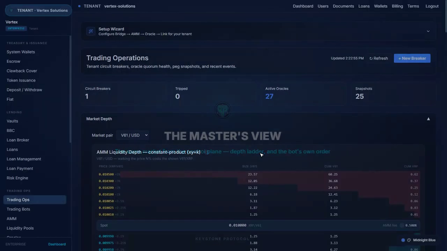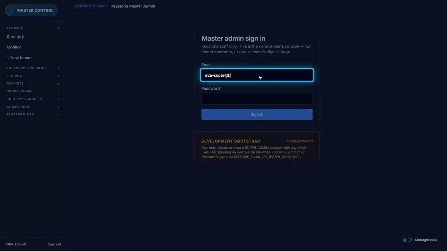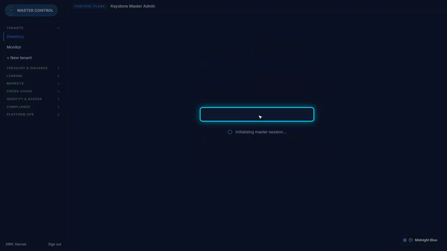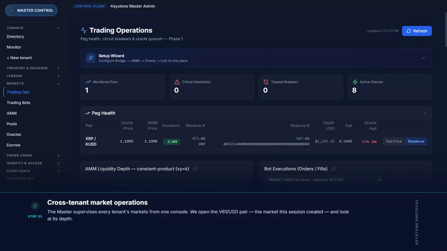Our market maker, the master's view. The same market from the control plane: depth ladder, and the bot's own order. Cross-tenant market operations. The master supervises every tenant's markets from one console.